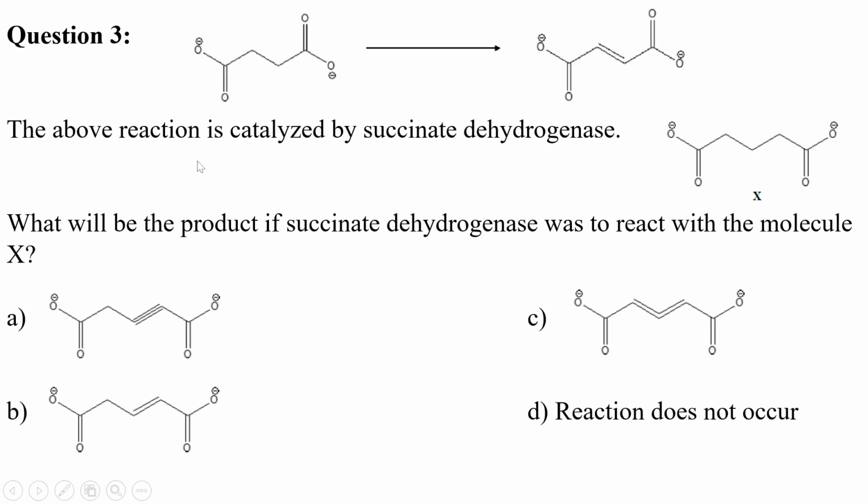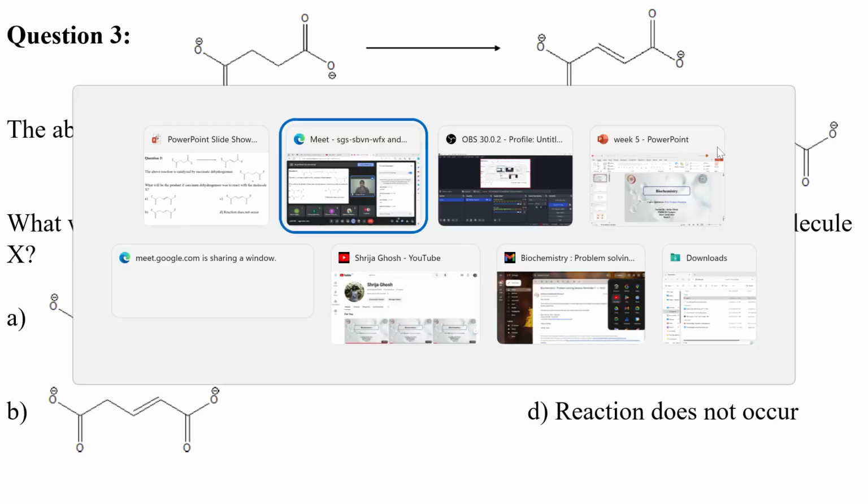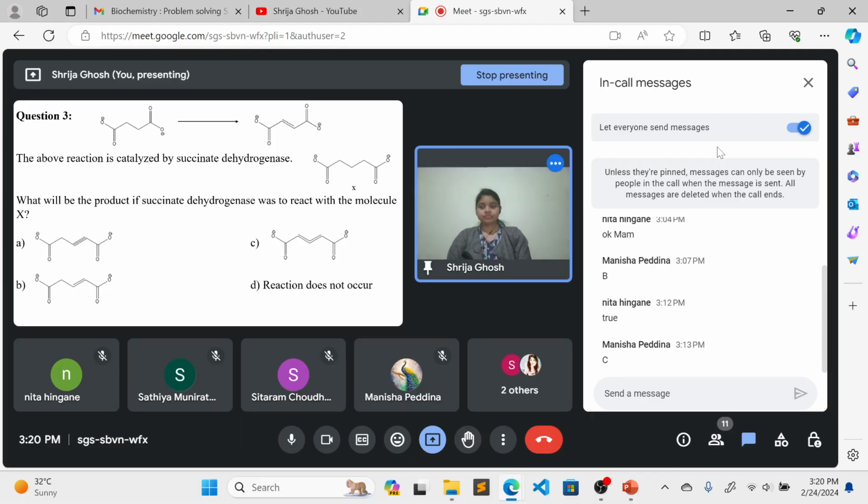What will be the product if succinate dehydrogenase was to react with the molecule X? Now, instead of this succinate, if this molecule was there, what would be the product? Anybody? If succinate dehydrogenase can convert succinate into fumarate, the structures have been given to you.